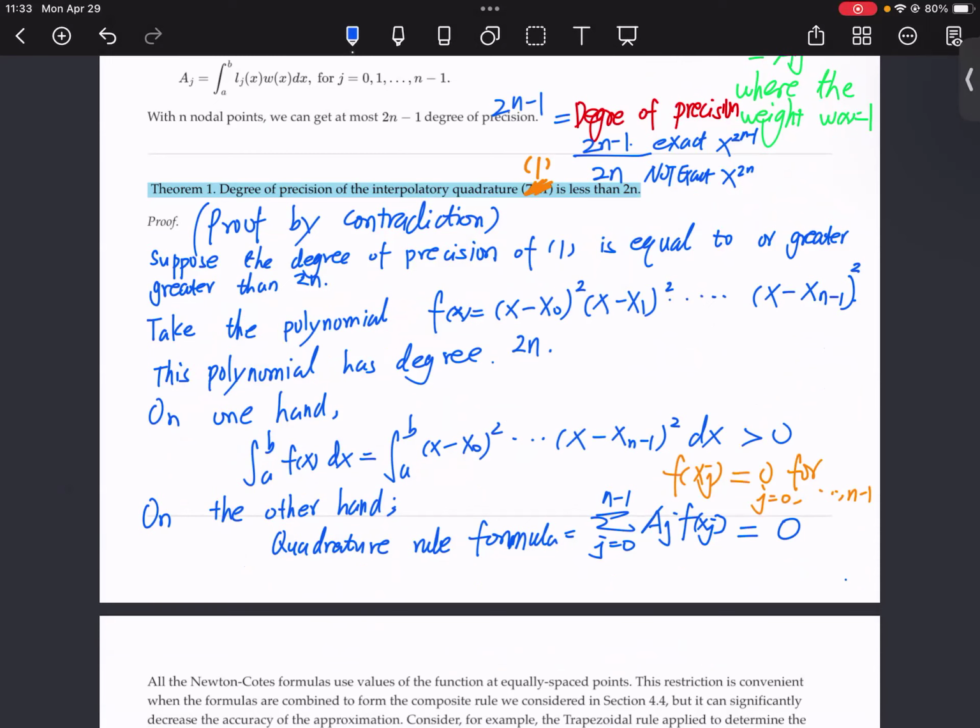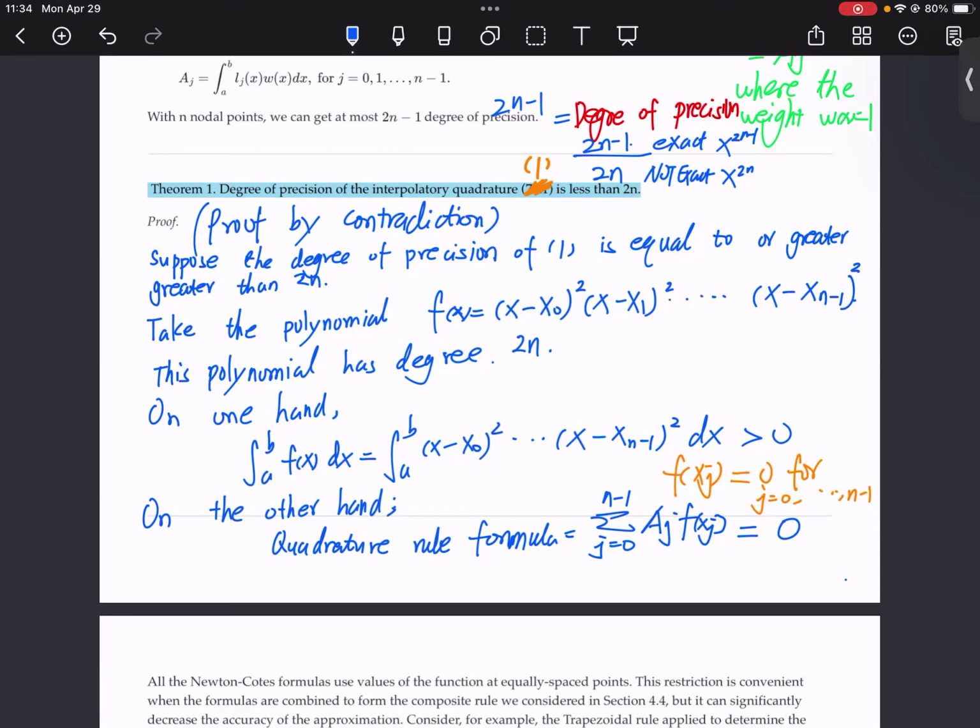On the left hand side you have a positive value, and on the right hand side the quadrature rule gives you 0. This is the true solution, and this is the approximation, which means the approximation is not exact here because they don't equal each other, and so your assumption is not quite true.